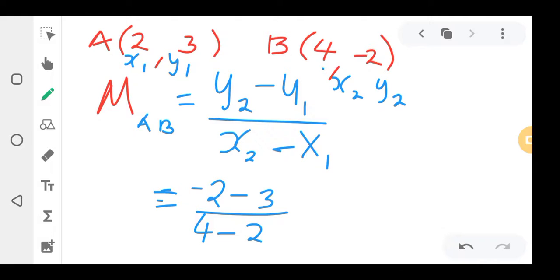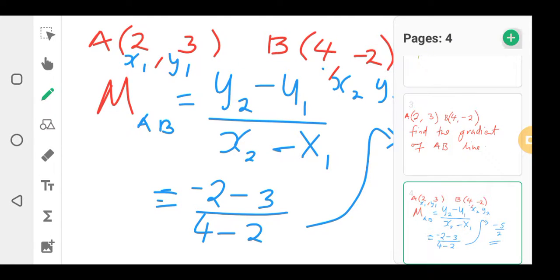Then when you simplify, -2 minus 3 is -5, over 4 minus 2, which is 2. So it's -5 over 2. That's the answer. That's how you do it. Okay, that's the first example.